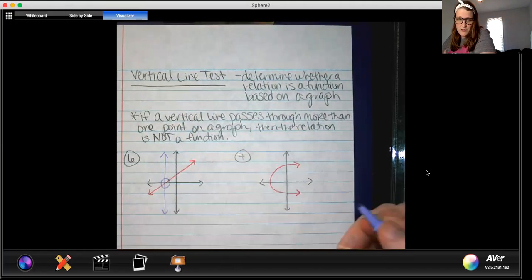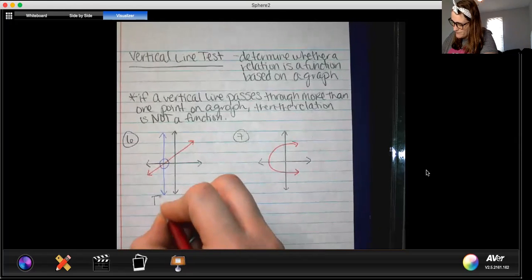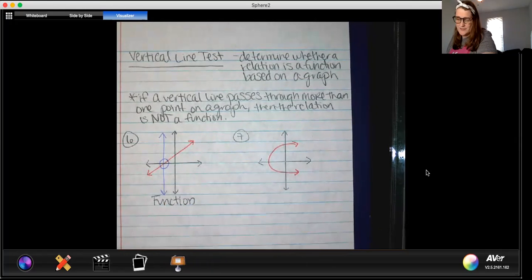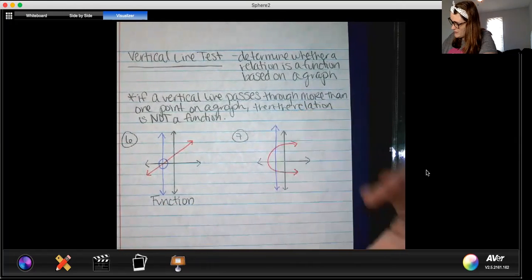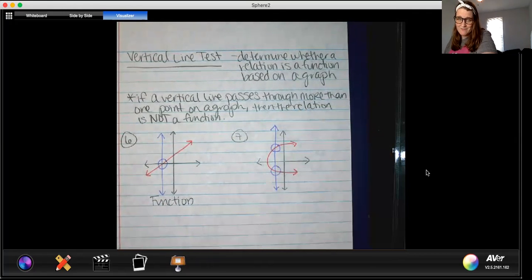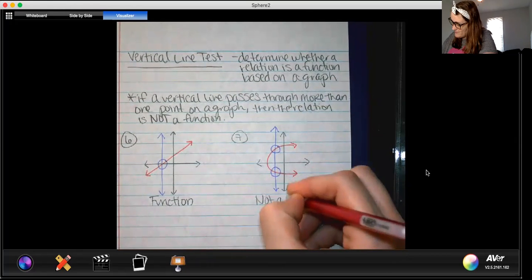Well, it only passes one time. So therefore, this is a function. Let's try the same thing on number 7. If I draw a vertical line on this one, how many times does it pass? It passes it twice. So therefore, this one is not a function.